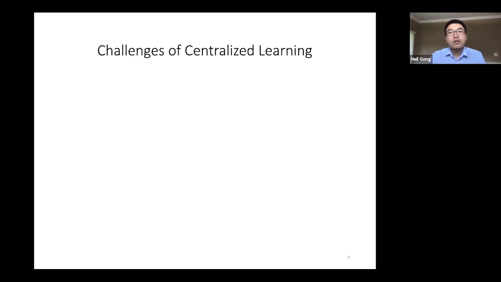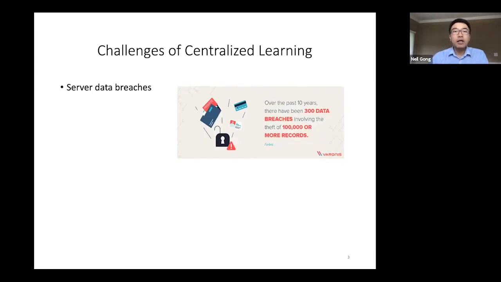However, such centralized learning faces multiple challenges. For example, the first challenge is that the server may be vulnerable to data breaches due to various network and system vulnerabilities. It was reported that over the past 10 years, there have been 300 data breaches involving the theft of 100,000 or more records.